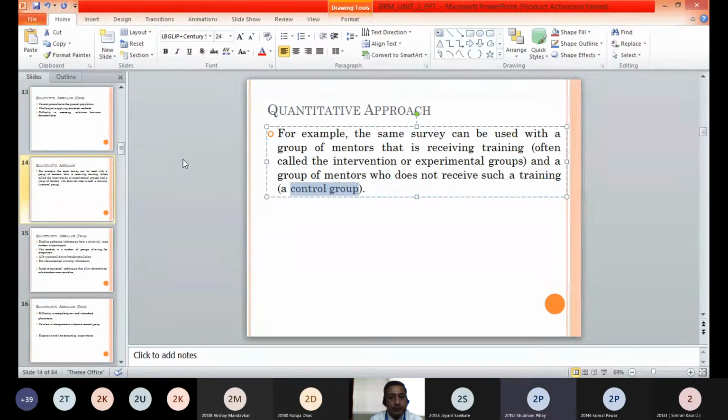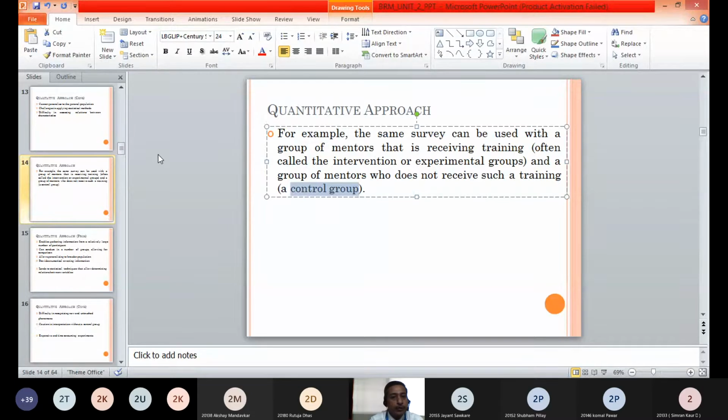So herein I am repeating this example. In this study, the example which we have quoted for the quantitative approach, we want to study the effect of training on the mentors. We have formed two groups. One group of mentors wherein we have provided the training, and one group of mentors wherein we have not provided the training.